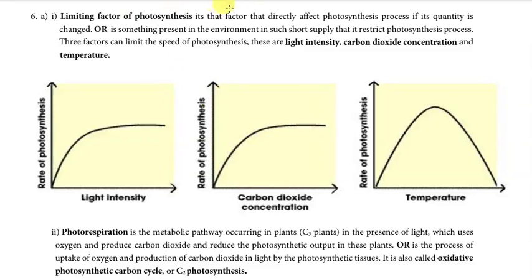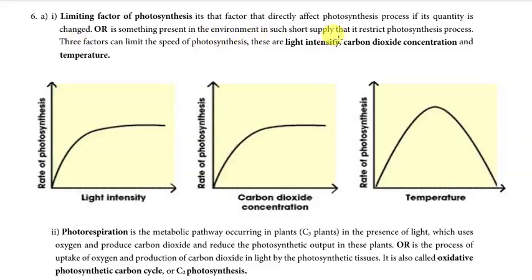A limiting factor of photosynthesis is that factor that directly affects the photosynthesis process if its quantity is changed, or is sometimes present in the environment in such short supply that it restricts the photosynthesis process. Three factors can limit the speed of photosynthesis.